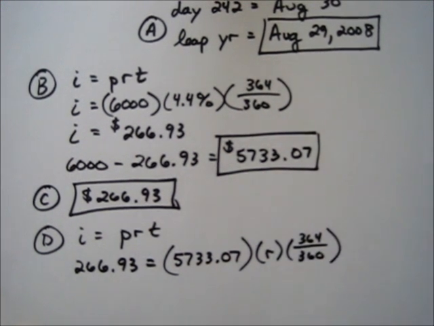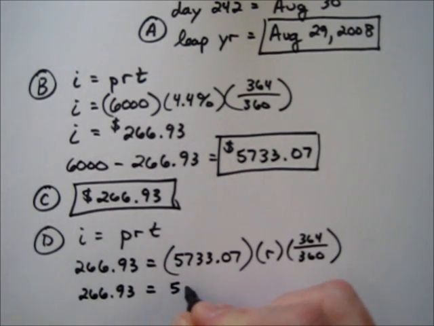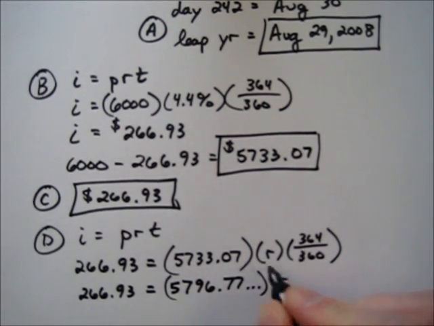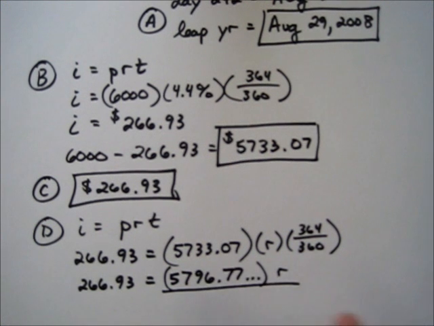364 over 360. So we get 266.93 equals, multiply these two numbers together, you get 5796.77 and a bunch of other stuff times r. And so if I want to get r by itself, divide both sides by this number.